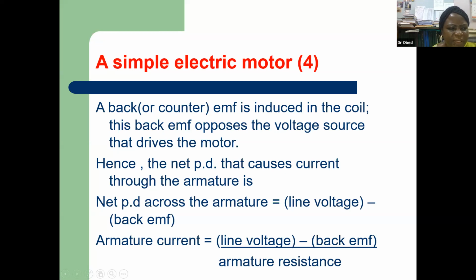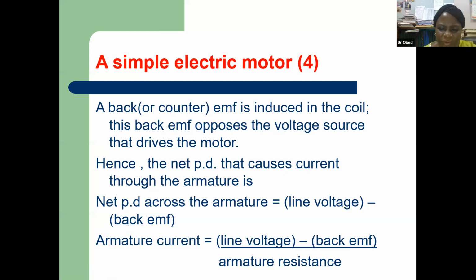And the definition of the net voltage is line voltage minus back EMF. So the back EMF is equal to the voltage minus current times resistance.